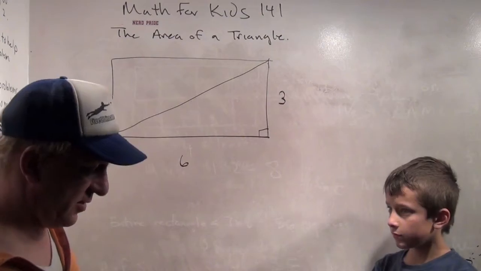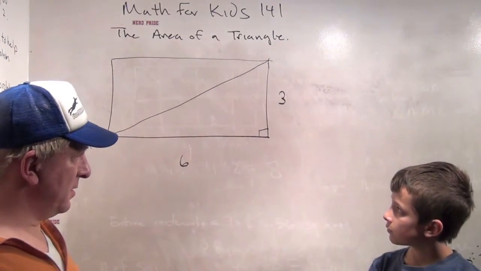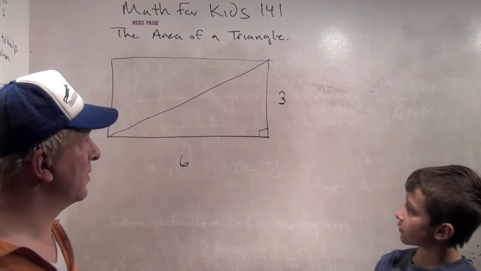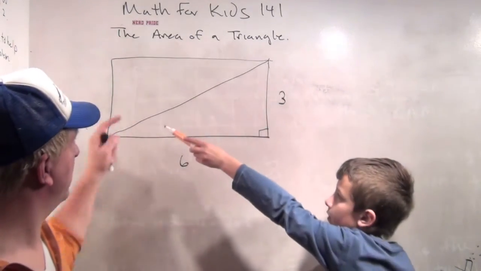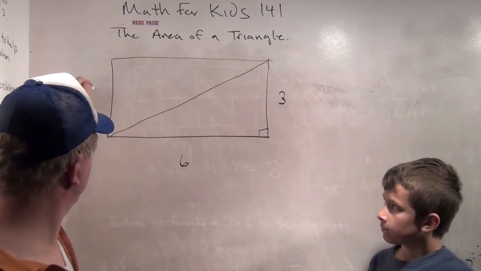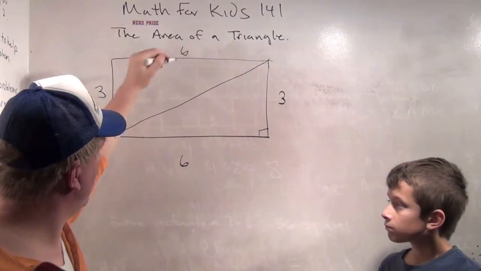It's a right triangle. That's one thing you can tell me about it. What else can you tell me about it? Its height is 3 and the length is 6. Okay, the length is 6 and the height is 3. What can you tell me about this triangle? It's 3 and 6 also. Okay, so this one over here, the one that's on top, is 3 high and 6 long.